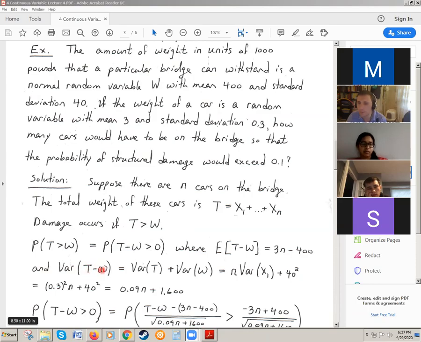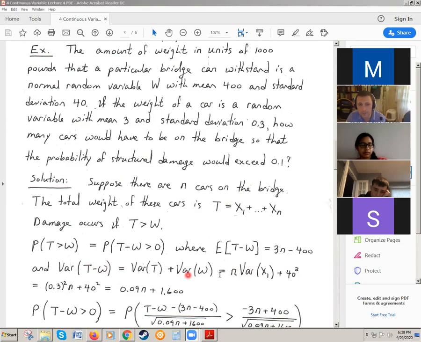Because T and W are independent, the variance of T minus W is just the variance of T plus the variance of minus W, which is the same as the variance of W. Yes? And then what's the variance of T? That's just n times the variance of an individual car, which we know to be 0.3 squared. That 0.3 is the standard deviation. Plus the variance of the bridge, which is just 40 squared, the square of the standard deviation.